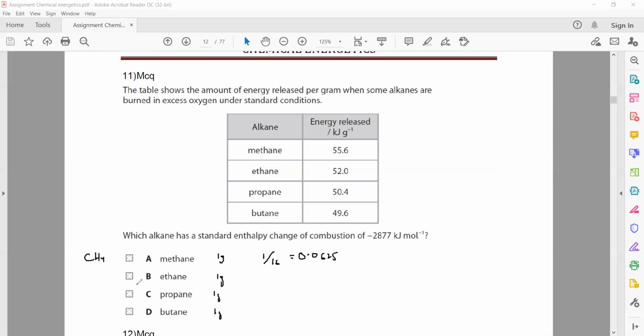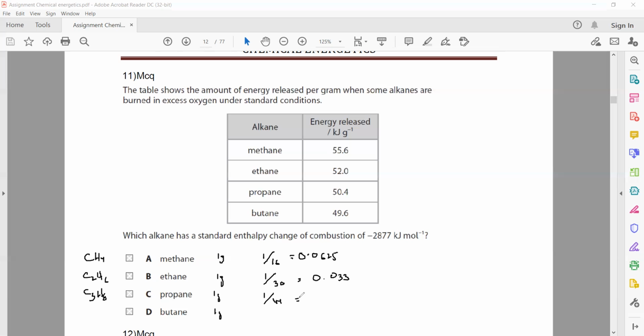Same thing for 1 gram of ethane. The molecular formula of ethane is C2H6. Carbon is 12 multiplied by 2, which is 24, and 24 plus 6 makes 30. So this will be 1 divided by 30, which is 0.033. Then for propane, it is C3H8, so 1 divided by 36 plus 8, which is 44.